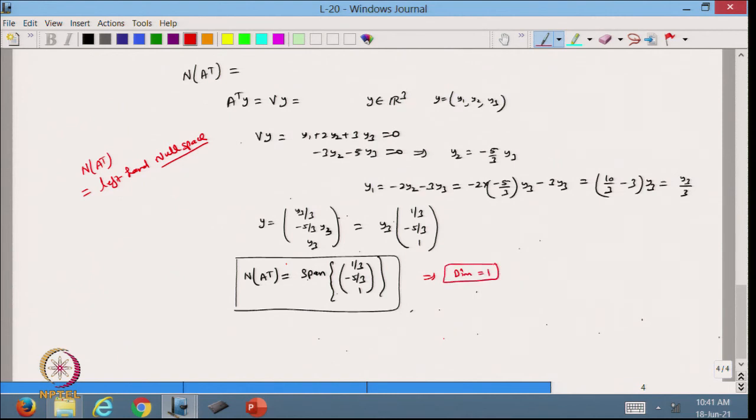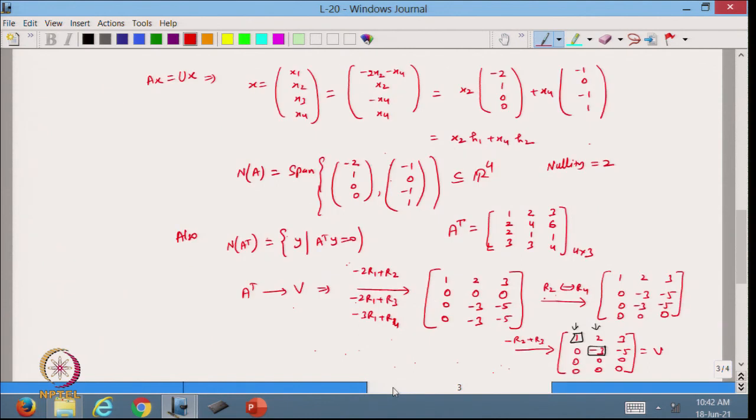Now, from here you can see that it is spanned by the vector 1 by 3, minus 5 by 3, 1, and for this one we have taken all the transformation. First we have taken the transpose, and then we convert that into the echelon form, and then we are able to find it.